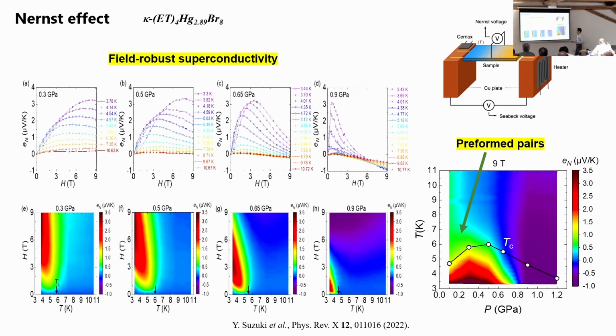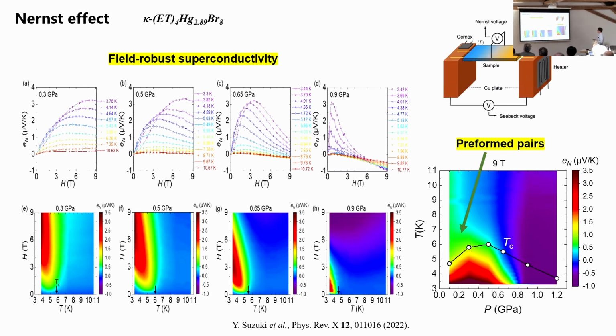The superconductivity is very robust against magnetic field. And this is the anomalous superconductivity in the BEC regime. However, at high pressures, as expected, the Nernst effect is easily suppressed.